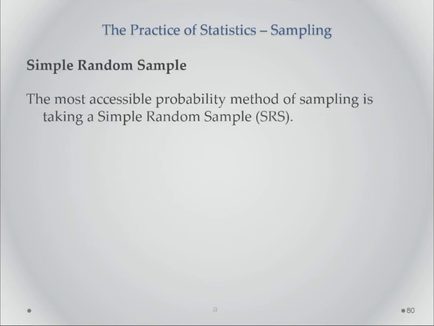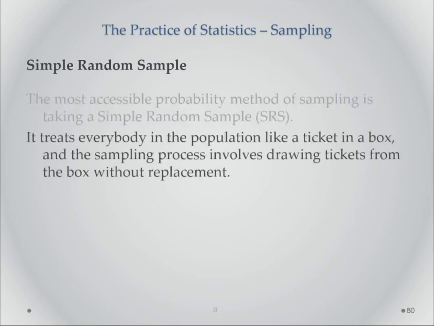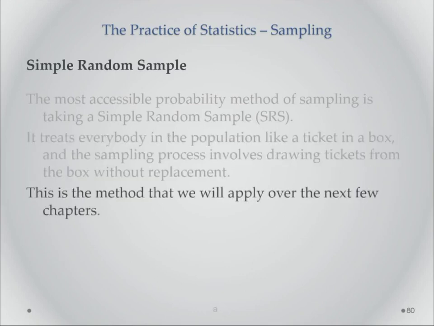So let's look at the first one, the simple random sample, which we'll call SRS. It's where everybody in the population has an equal opportunity to be chosen in the sample. This is the sampling method that we'll be using in the next few chapters. This is the go-to way that we're going to try to do.